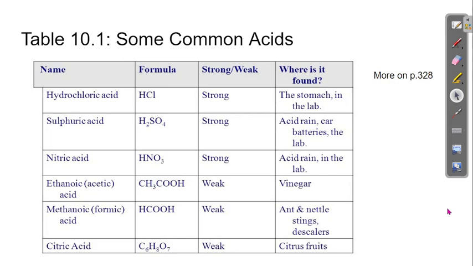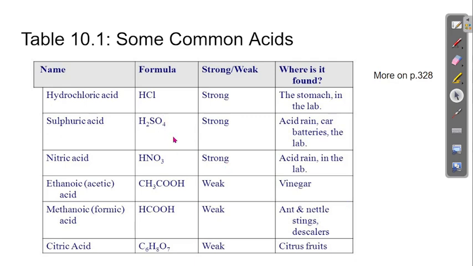Now, table 10.1 on page 328 are some common acids. Okay. You do not need to memorize this table, but you're going to see them.